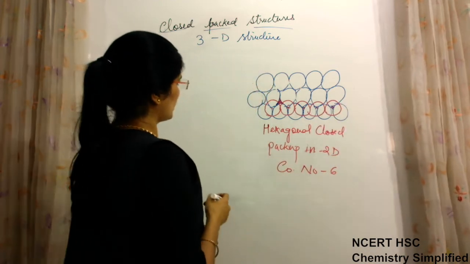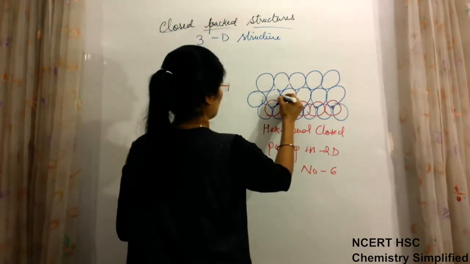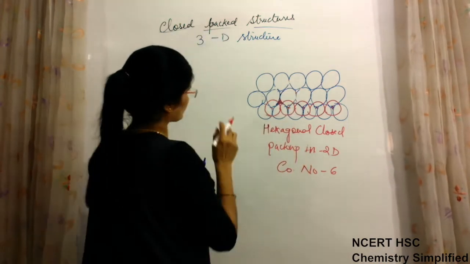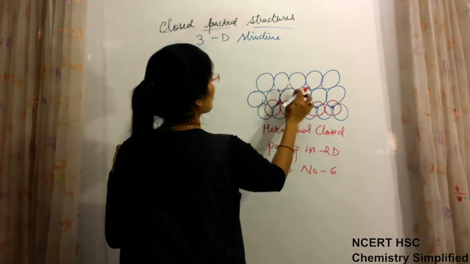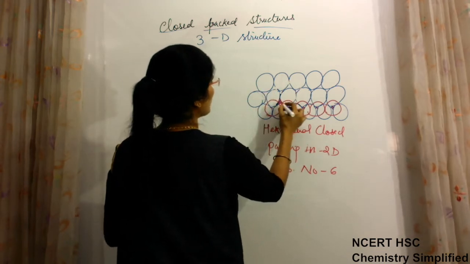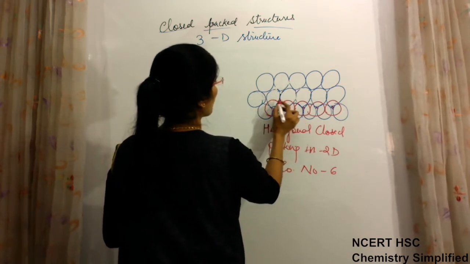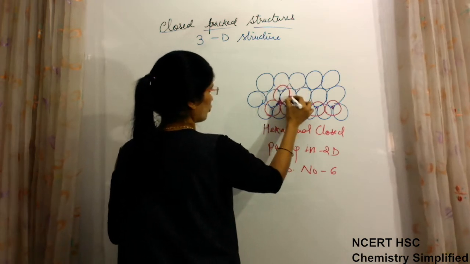Okay. Now what we will do? Again there is a void. This 1, 2, 3, 4 and fifth one here. So particles in the gap of 2 on this layer we are keeping, covering the void of the previous.